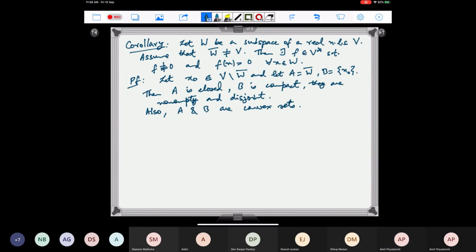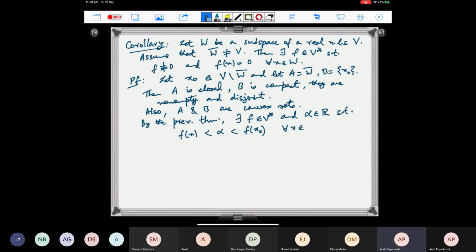Therefore, by the previous theorem, there exists f in V star and alpha in R such that f(x) is less than alpha is less than f(y). So f(y) is simply f of x naught. So f(x) is less than alpha, which is less than f(x naught), for all x in A, which is W closure.